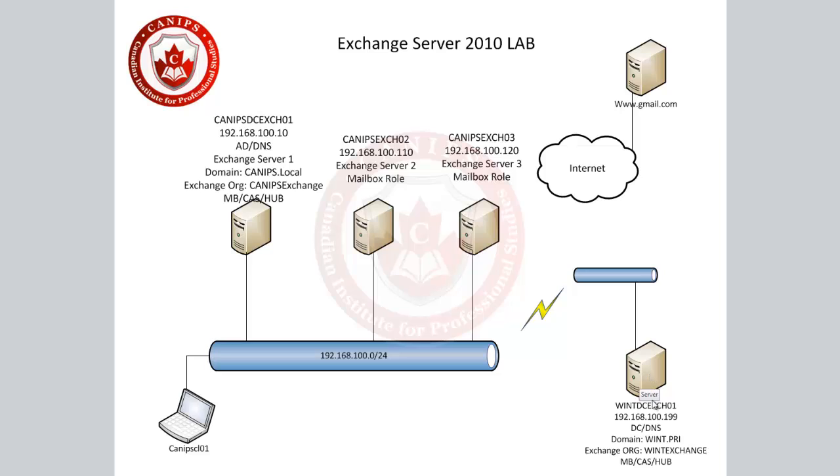Number two is that we need to ping by name, because Exchange is a name-based application, meaning Exchange works on server names or domain names. Exchange doesn't work on IP address. So we need to ping by name. So this server should be able to ping this server by this name, and this server should be able to ping by this name.